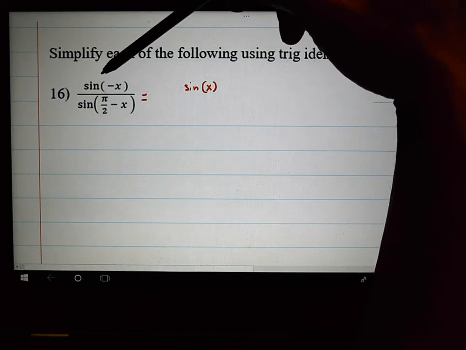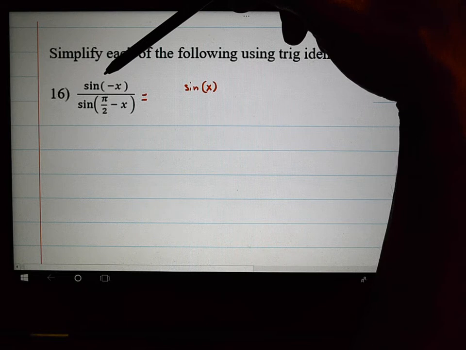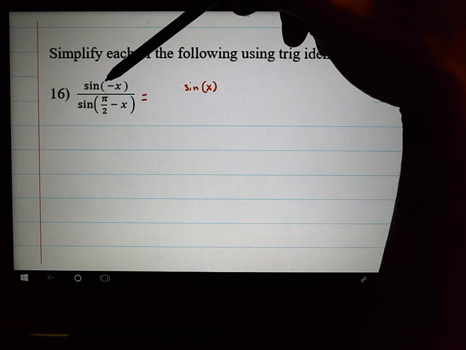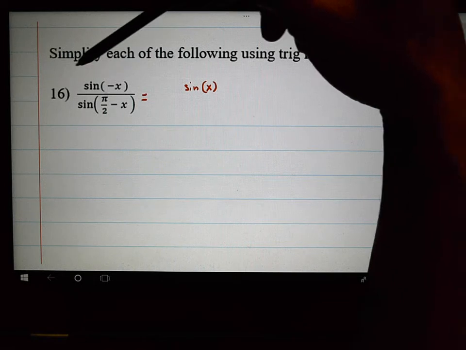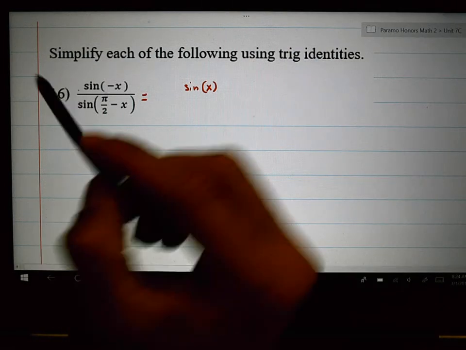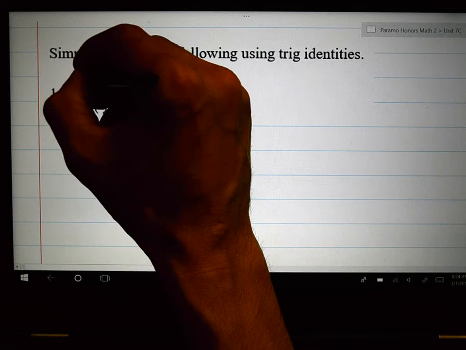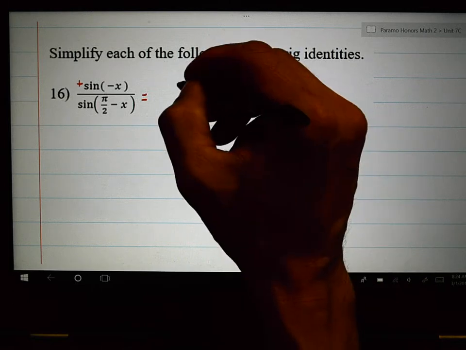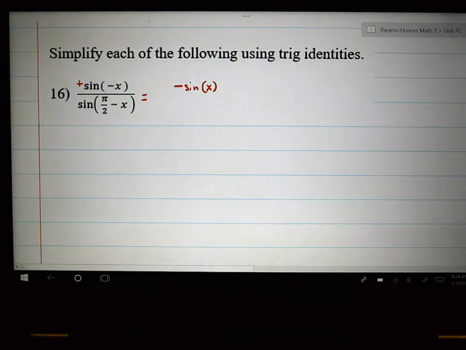If you know, tell the person you're sitting next to. If you said odd, you are correct, which means since the value in front is a positive, I'm going to put a little positive sign there. I need to do the opposite. Odds, opposite. That makes this negative sine of x for our numerator.